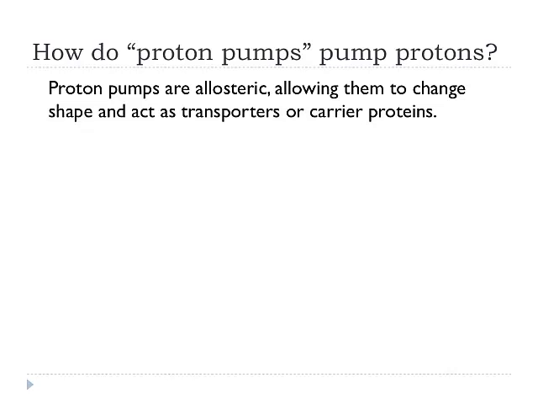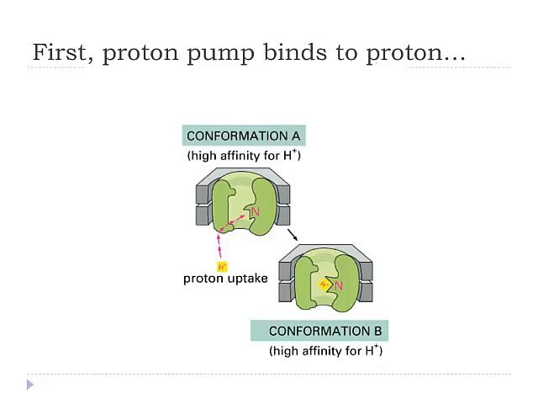The proton pumps themselves are active transporters or carrier proteins, and they're active transport because they're going against the gradient. So they're going from an area of low concentration of hydrogen ions to high concentration. They're allosteric in that they have a shape change as part of this process of moving the protons.